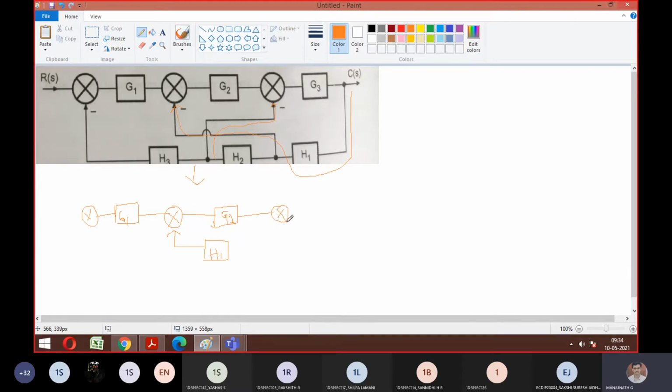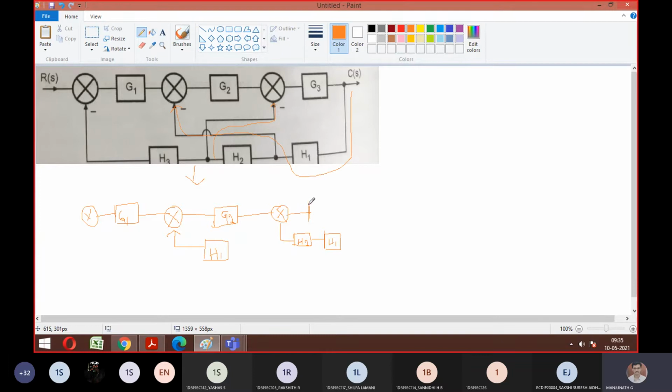Now for this summing point, you have a combination of H2 and H1. Correct? So for this, we should connect two blocks H2 and H1 separately like this. This is how the separation is done. I hope everyone understood what I'm doing. So this is H2 and this is my H1. Is it okay, guys? G3 is kept as it is.